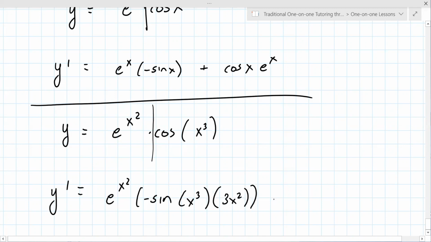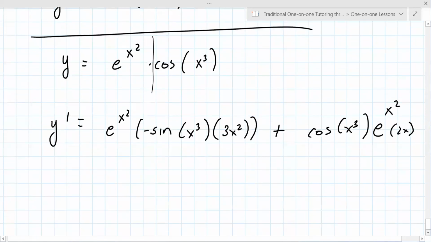Good. Plus cosine of x cubed times the derivative of this, keep itself. Oh, you just keep it as is? Yes, e to the x squared, but then what's the derivative of x squared? 2x. 2x. So anything with an e, even though it has the x squared, it stays the same?